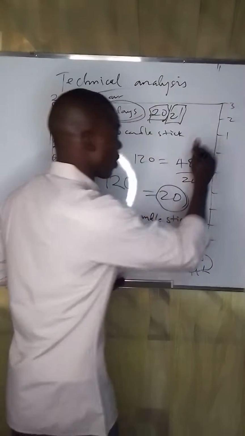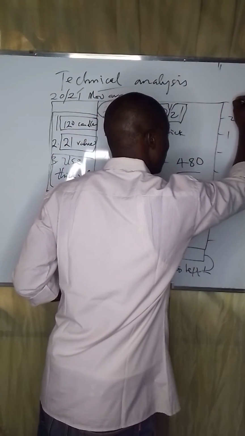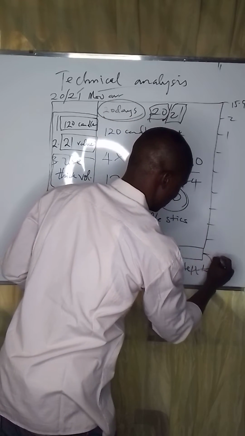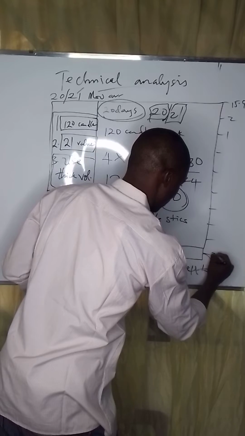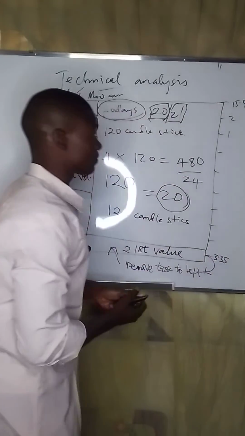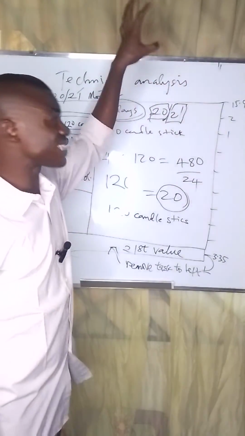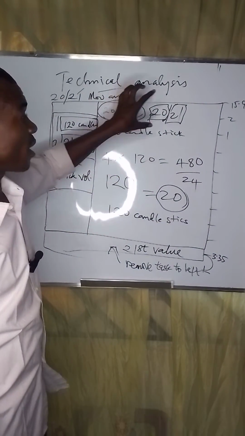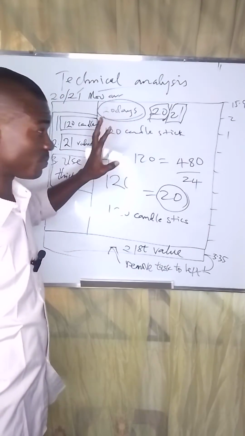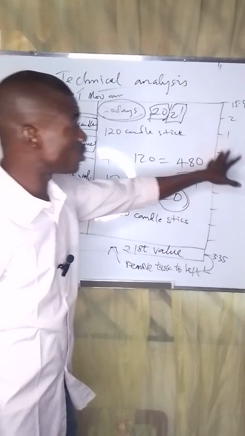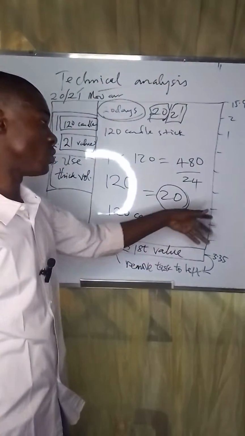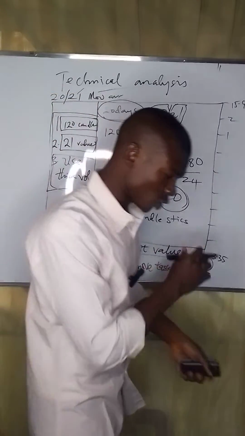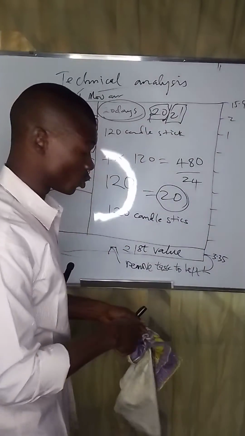If the first one is 15.92 and the last one is 3.35, you will have exactly the same value once you set your screen to have 120 candlesticks displayed and 21 units of the prices. I think this should be okay. Let's get down to business now.